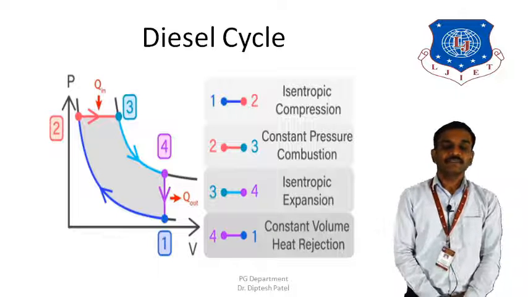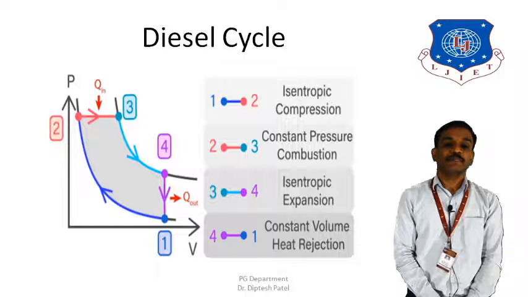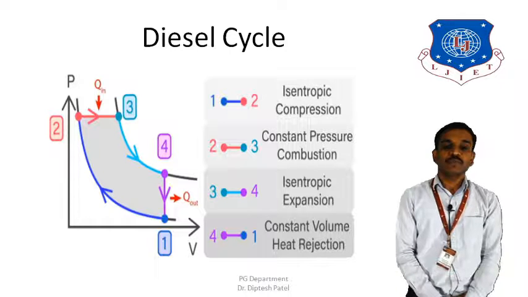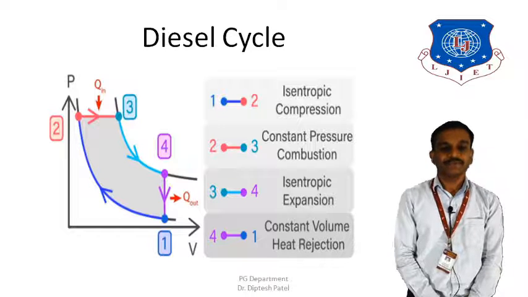In petrol engine we had the constant volume heat addition process. Then 3 to 4 is again an isentropic expansion process, in which the gases are released from the engine, and 4 to 1 is the constant volume heat rejection process, in which the gases are removed into the atmosphere.